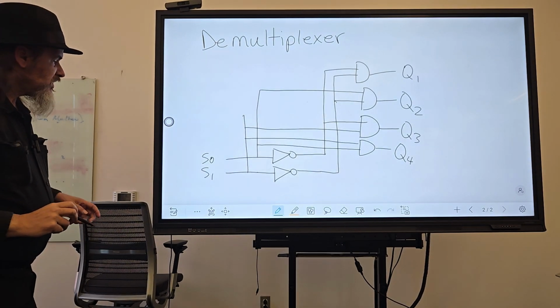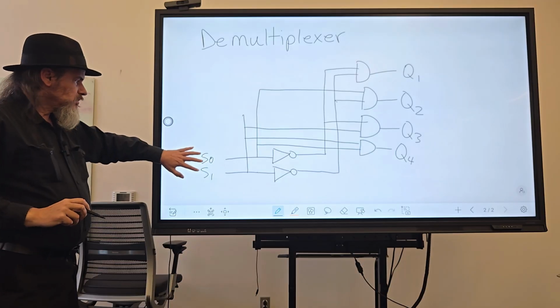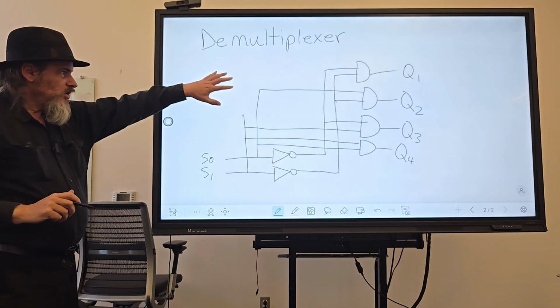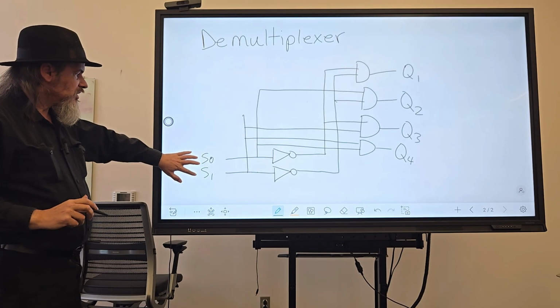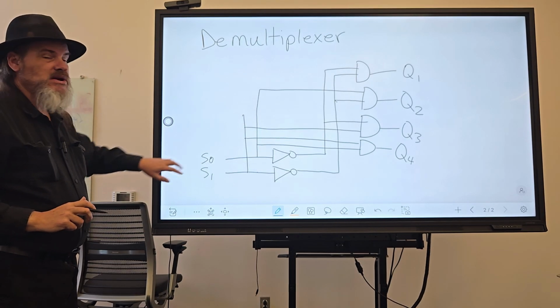So you can select which output is going to be high depending on the binary number of the input.